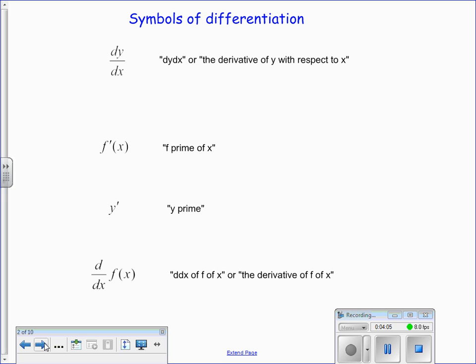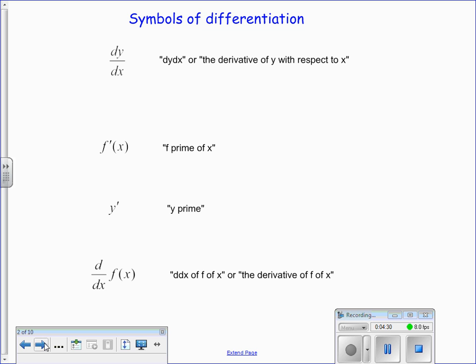Find dy dx. Okay? So we have dy dx. That's the most common. If you have a function y in terms of x, y equals 4x squared plus 2x minus 3, dy dx is the derivative of y with respect to x. And this is what we say. We say dy dx, or we say the derivative of y with respect to x.